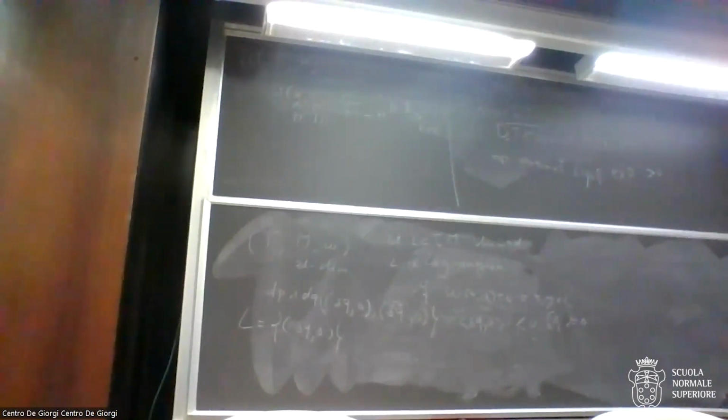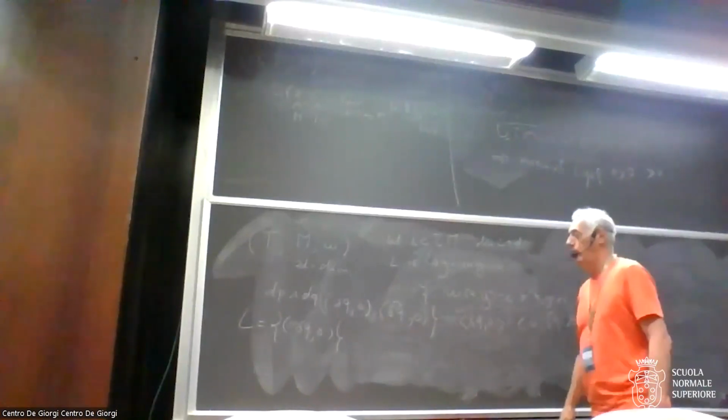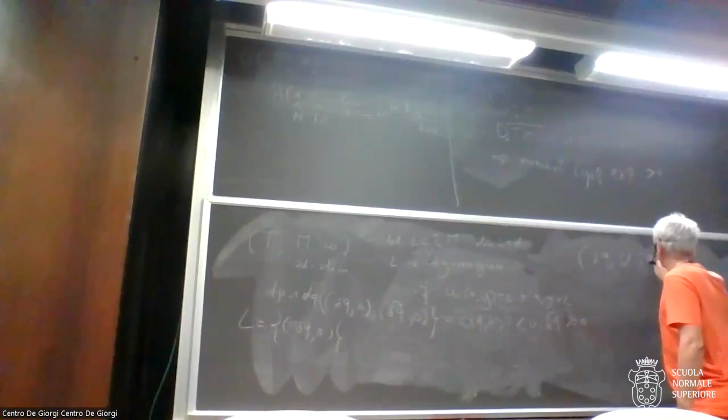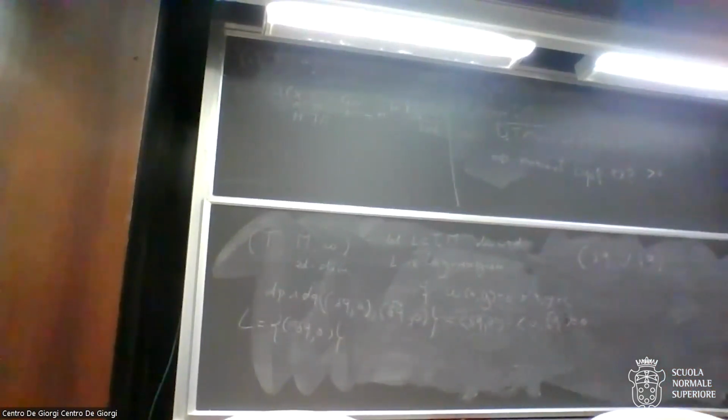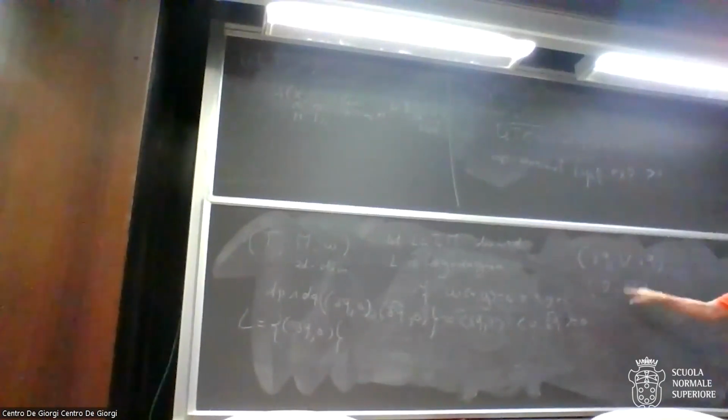Fine. In general, Lagrangian subspaces have this structure: (delta q, U delta q), where U is a symmetric matrix, an n by n symmetric matrix. They are more or less all like this, but for one, which is this one. This is not of this form.